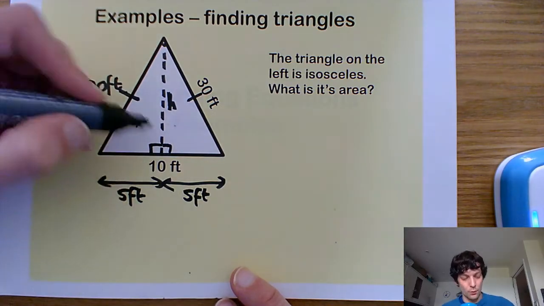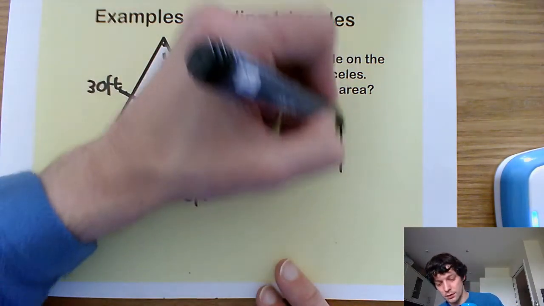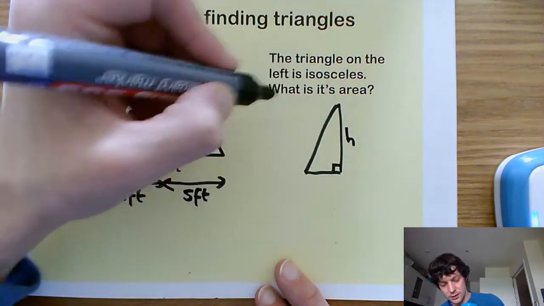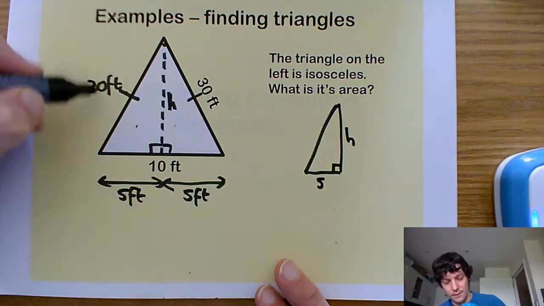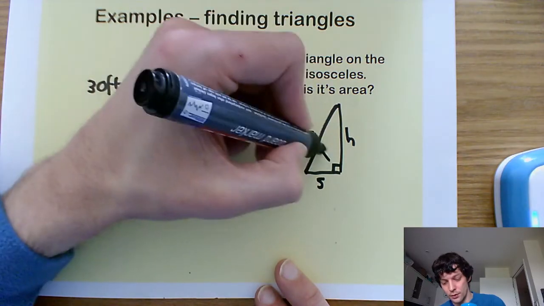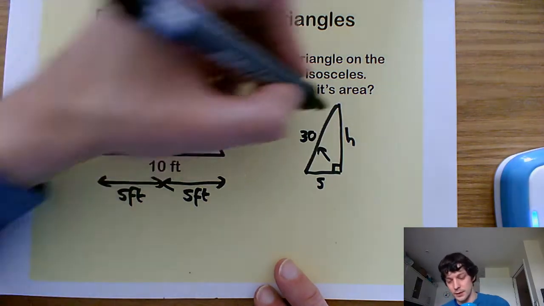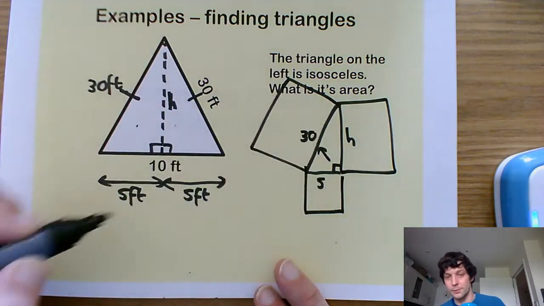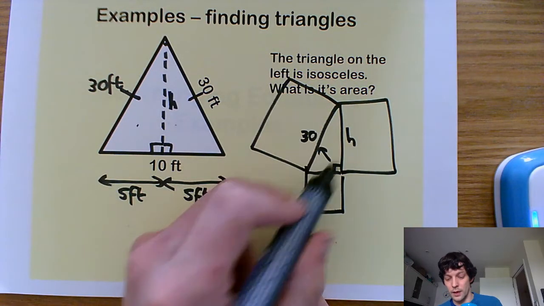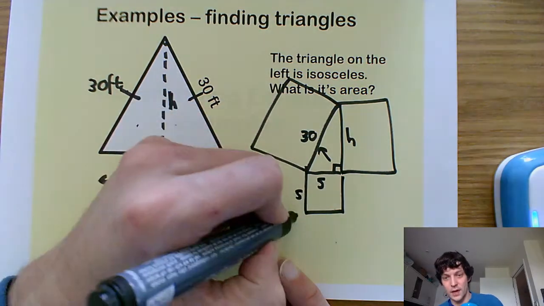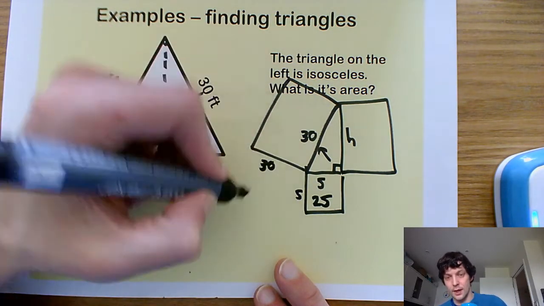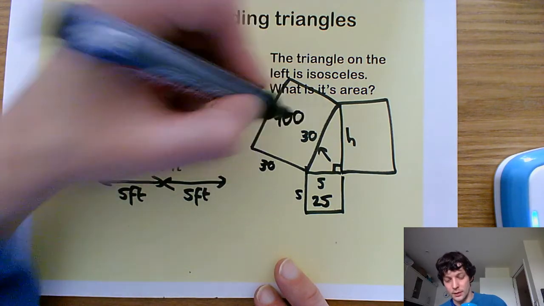So, picking out that triangle, let's just draw a quick copy of it here. We've got a height of h, we've got a base of 5, and a hypotenuse, opposite the right angle, of 30. I can definitely use Pythagoras. So I've got two lengths, I want to find the third. It's 5 times 5 is 25. 30 times 30 would be 900.